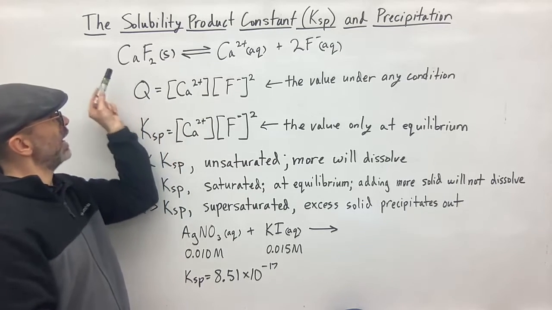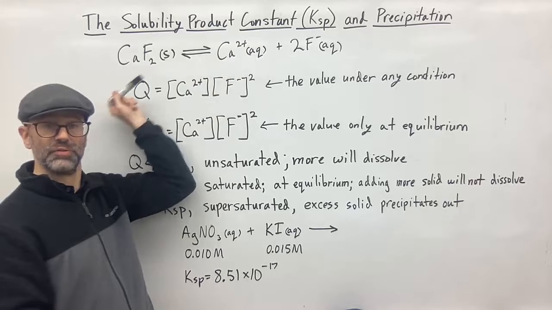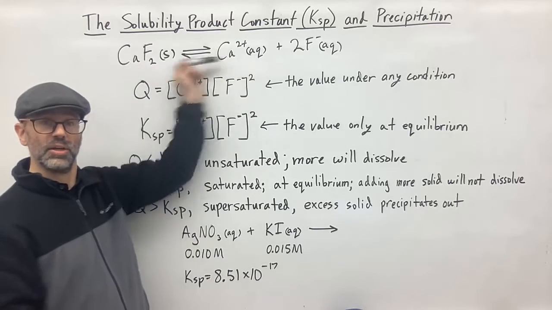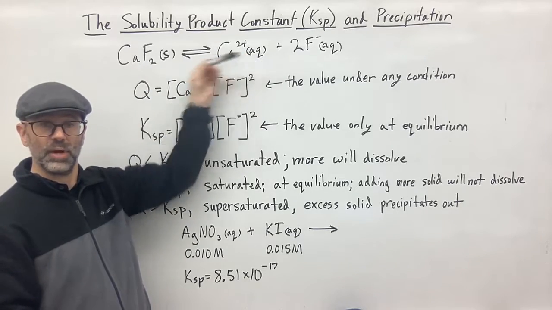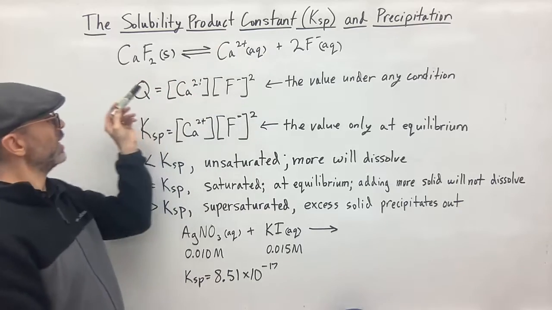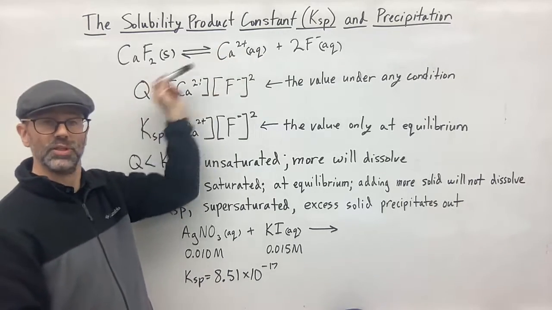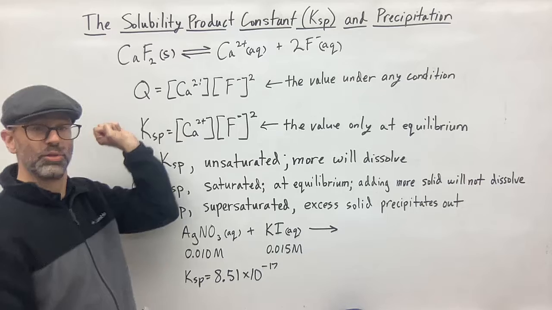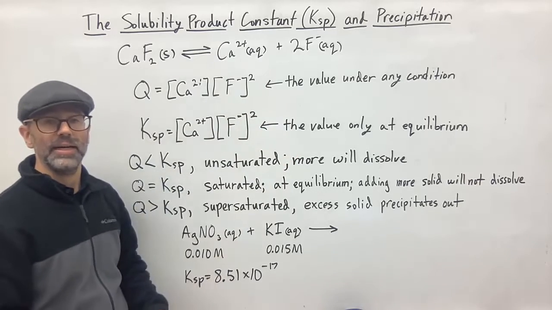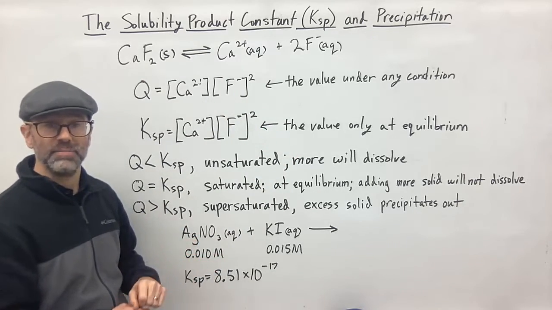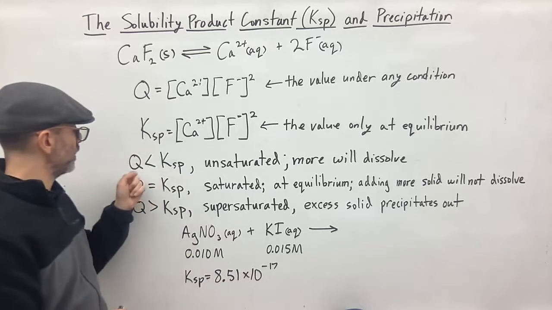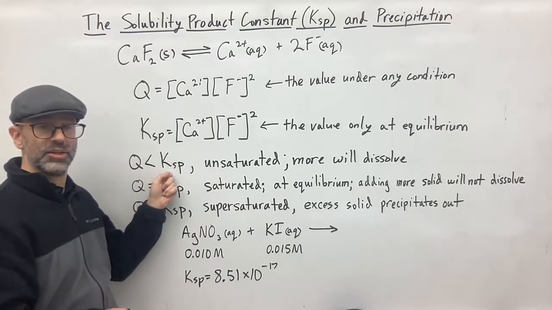That means you're going to have to shift towards the products, the right side. So it's going to shift to dissolve more solid. When you throw solid in there, it's going to dissolve. That's if your Q value is less than your KSP.